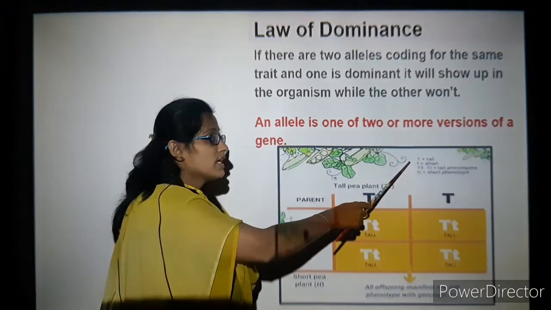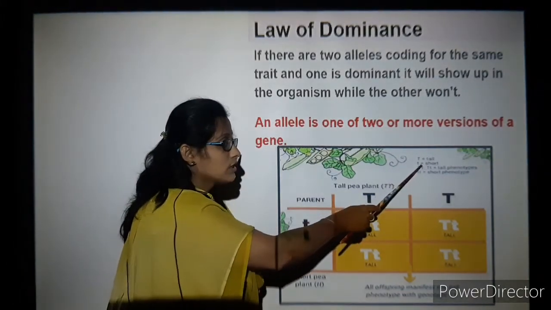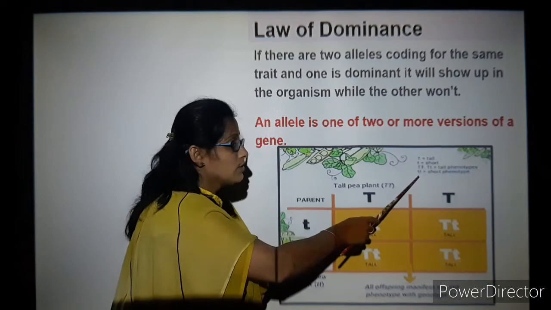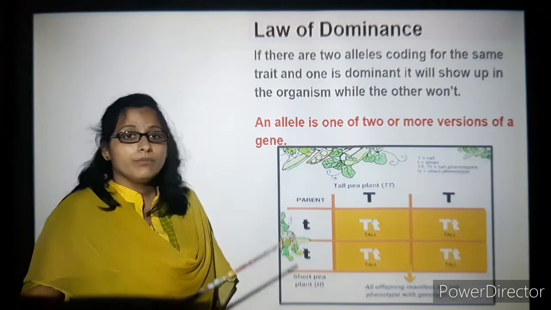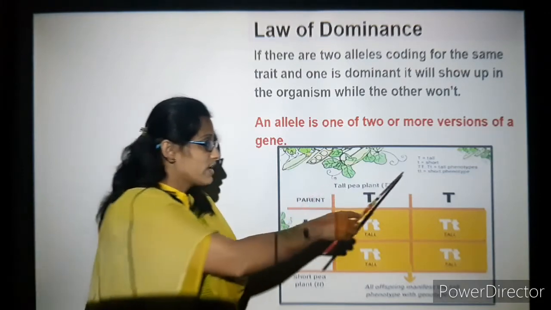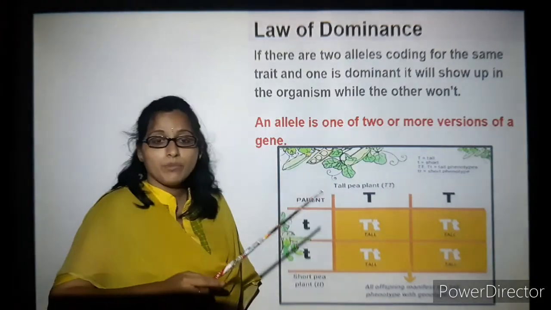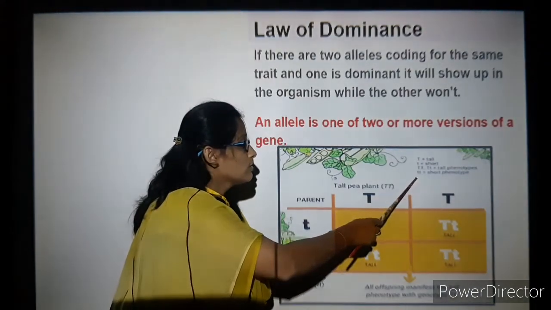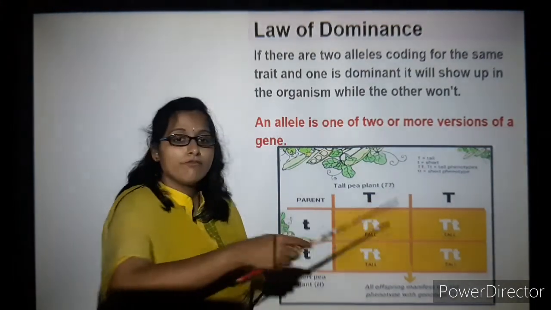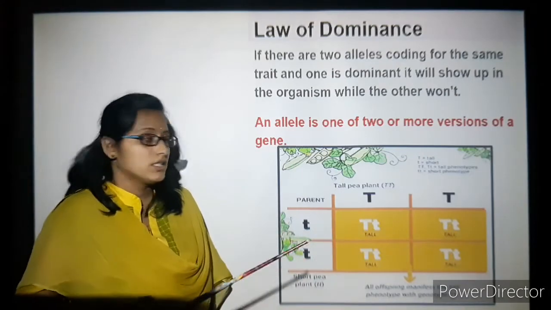I have told that capital T is for tall, small t is for short. Tall phenotypes are big T, that is 2 capital T's, then 1 capital T, 1 small t, that is hybrid. So short phenotype or dwarf phenotype is small t's.